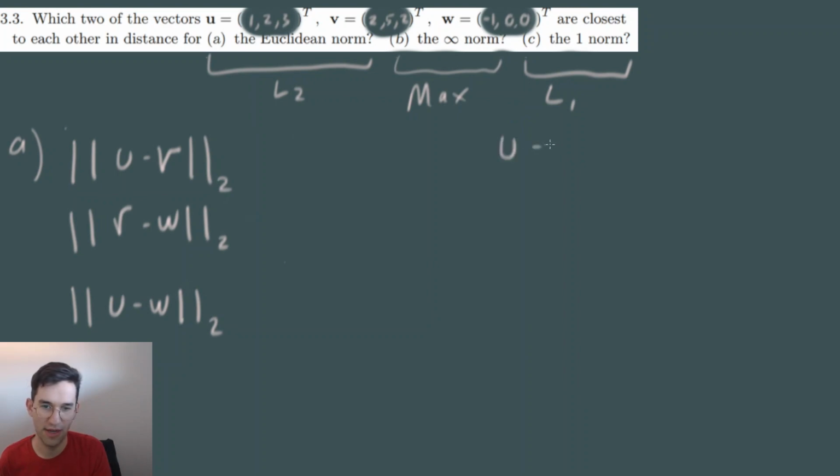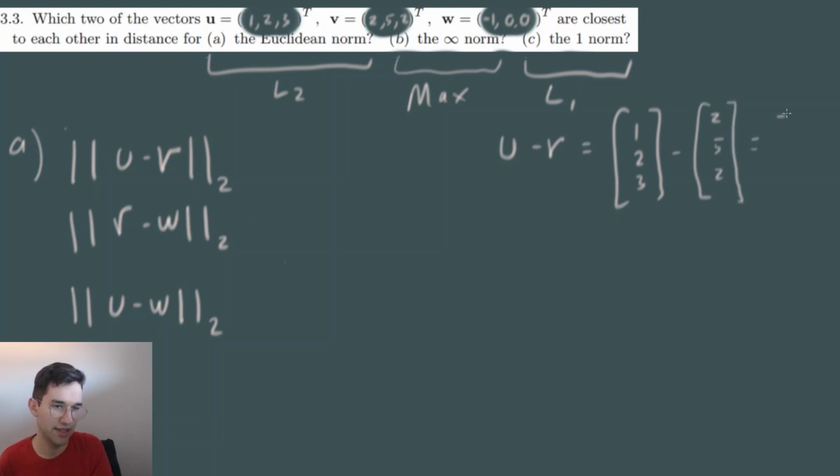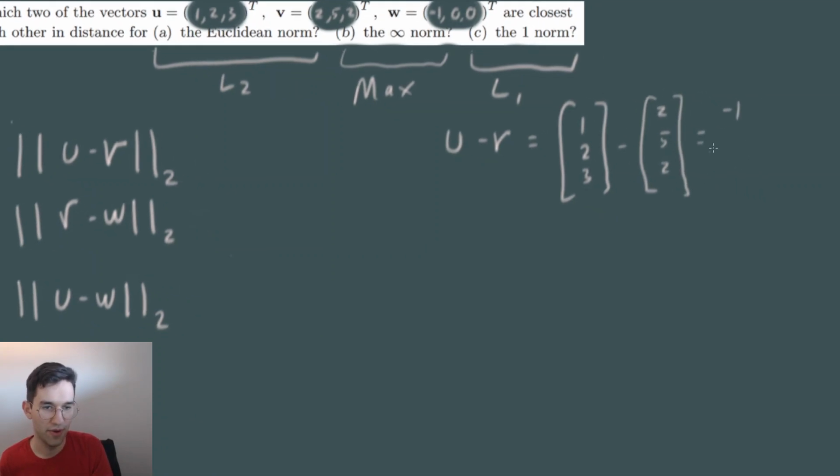So u minus v is equal to u, which is 1, 2, 3, minus v, which is 2, 5, 2. That equals 1 minus 2 is negative 1. 2 minus 5 is negative 3. 3 minus 2 is 1. So this is u minus v.